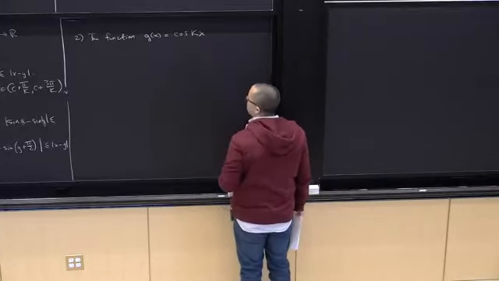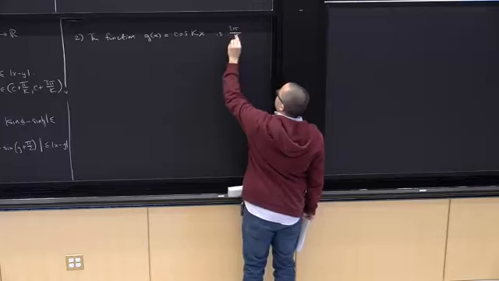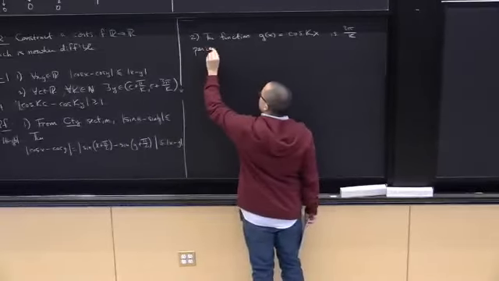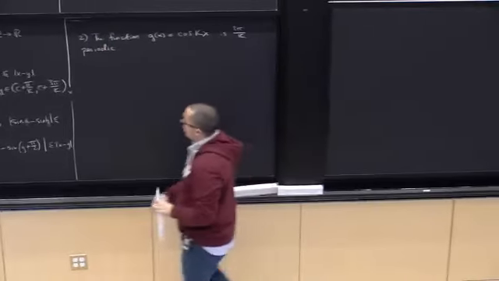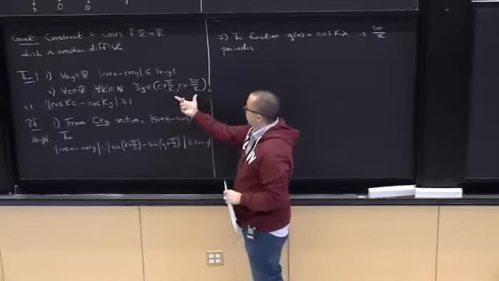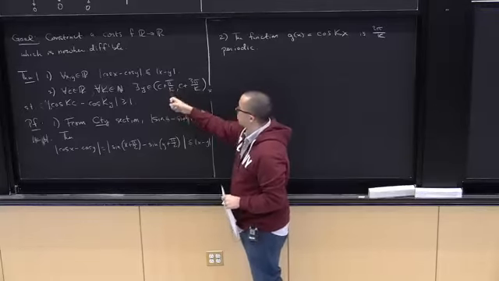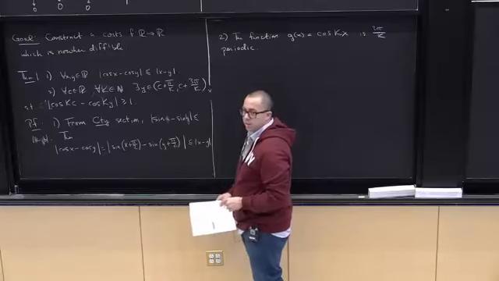It's 2 pi over k. And now this interval has length 2 pi over k, except it's missing the point c plus pi over k and c plus 3 pi over k. All right?